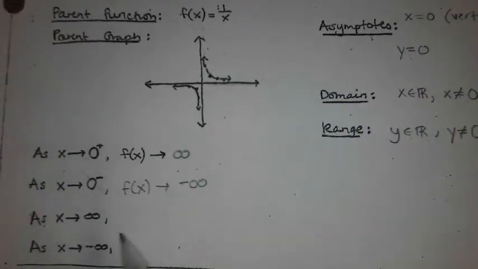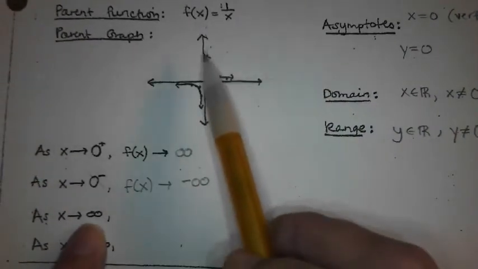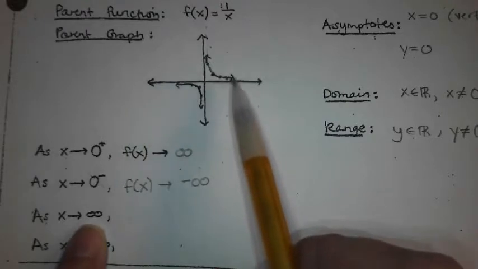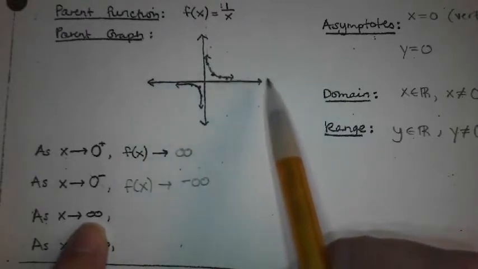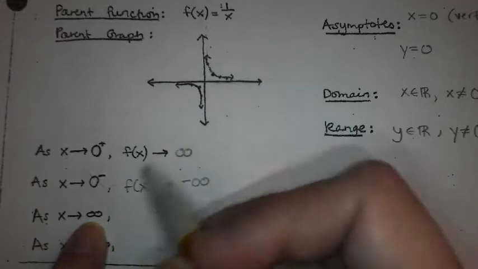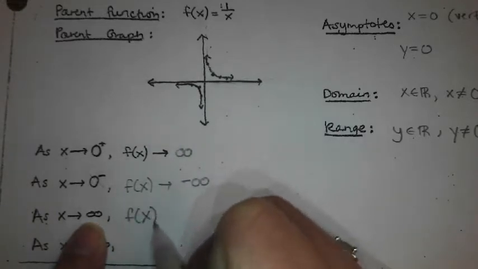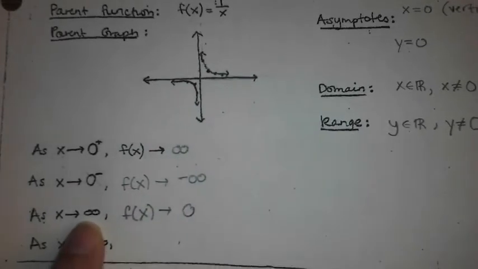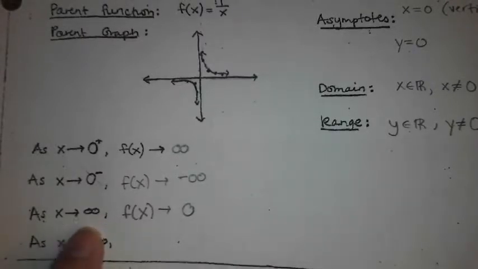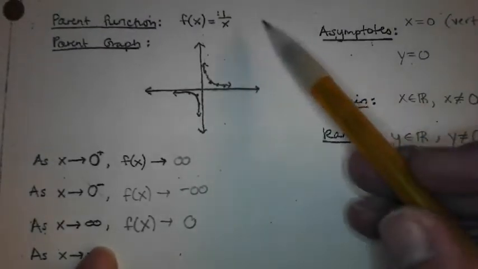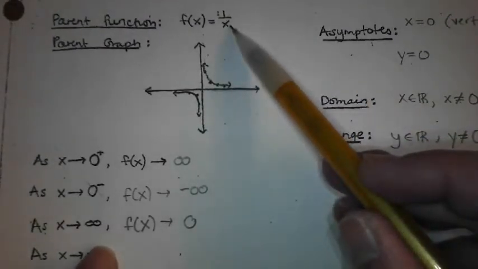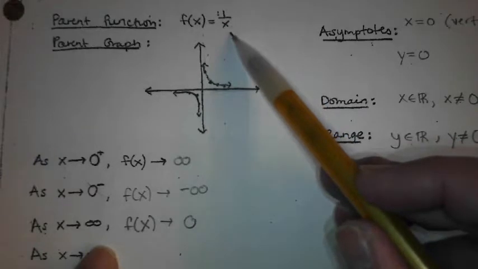We still will talk about end behavior. As x's approach infinity, what is the y coordinate approaching? 0. Very good. It's getting closer and closer to that horizontal asymptote without ever actually reaching it. Think about that. If you plugged in 100, your y value is 1 over 100. That's a pretty small number.